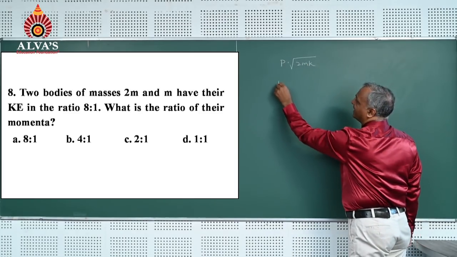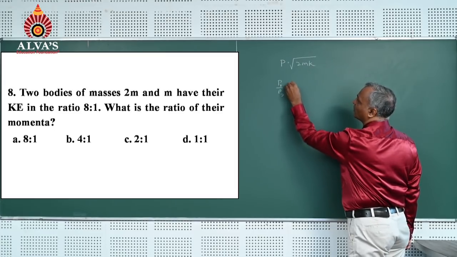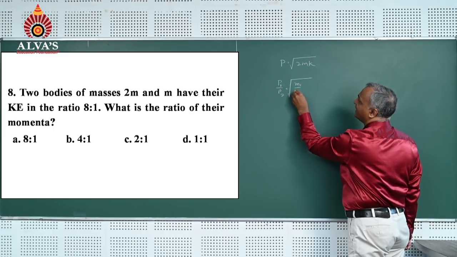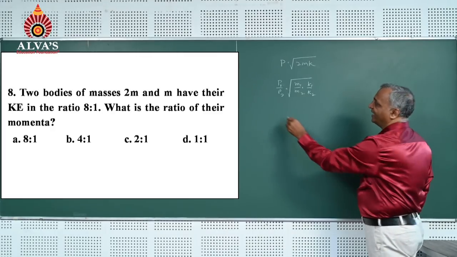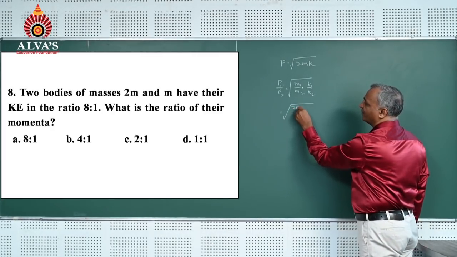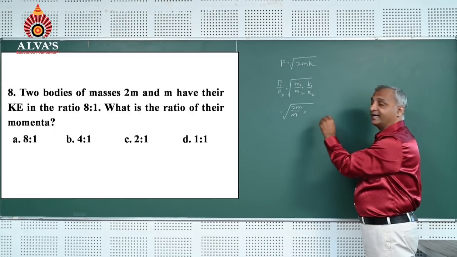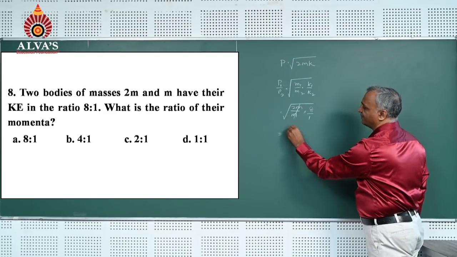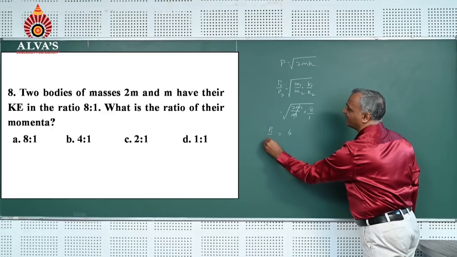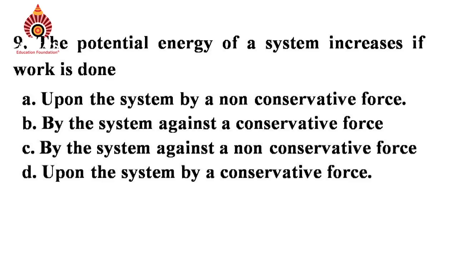And so I can write P1 by P2 is equal to square root of M1 by M2 into K1 by K2, and M1 is given as 2M, M2 is given as M, and K1 is to K2 is given as 8:1. So M cancels, root of 16 it becomes 4. So P1 by P2 is 4, or P1 is to P2 will be equal to 4:1. So I'll go for option B.